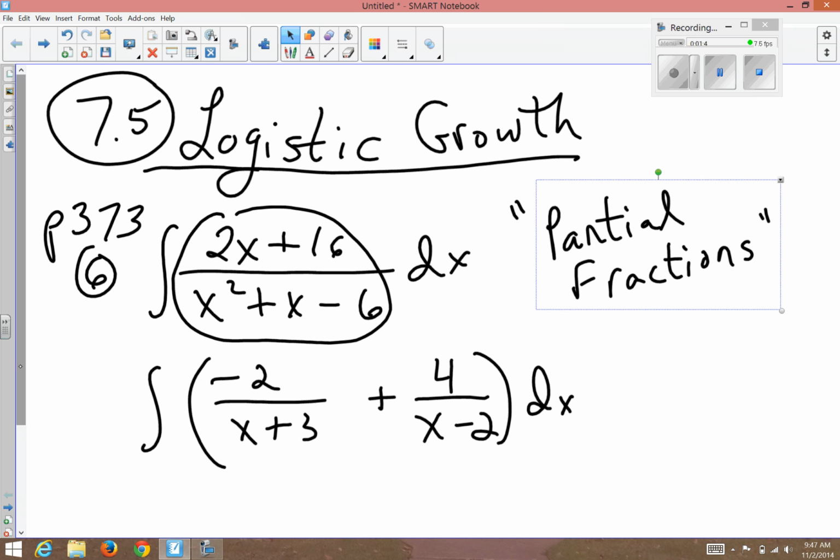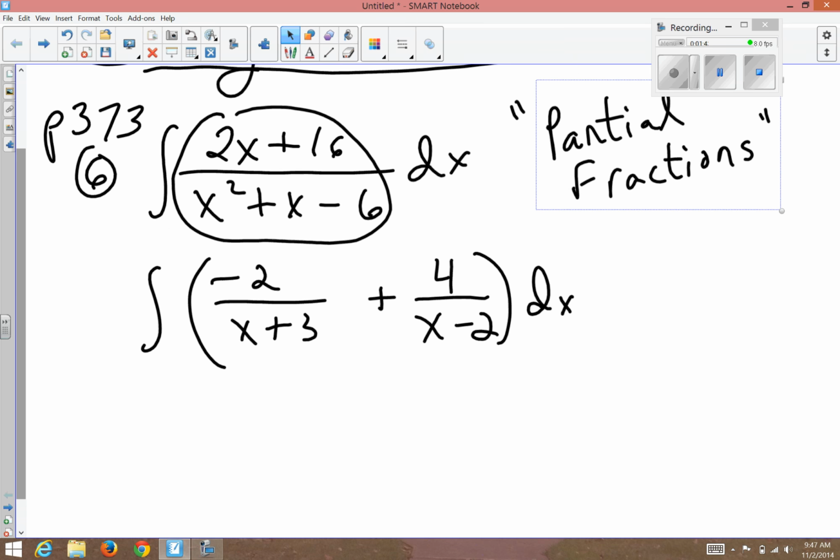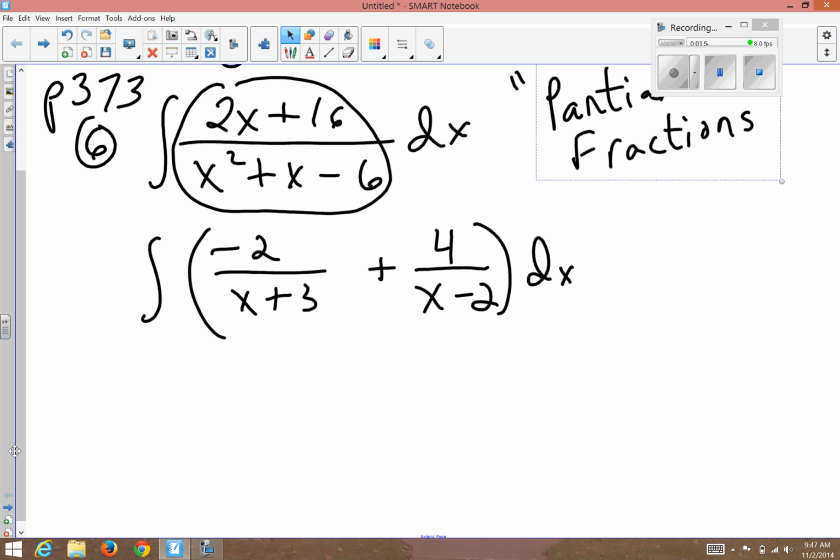Like I said, it takes a few minutes to decompose this fraction into the sum of these two fractions, so check out the video called Partial Fraction Decomposition. Then we're going to distribute this integral sign.